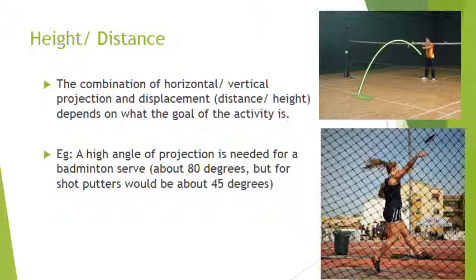So for example, if you think of a basketball player shooting from underneath the basket, we'll see a parabola with lots of vertical displacement and not a lot of horizontal. However, if we look at a basketballer shooting a three-pointer from a lot further away, we'll see a lot more horizontal displacement in that parabola than vertical, so a much flatter looking parabola in that case.